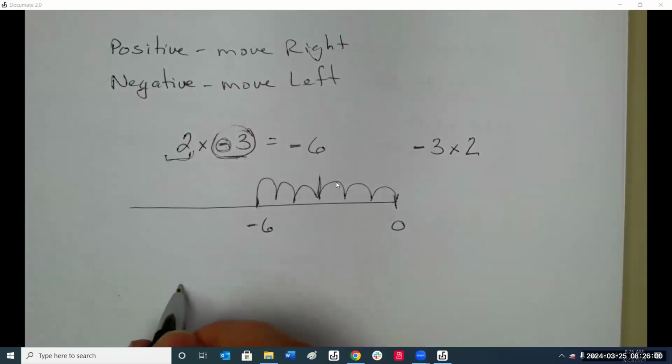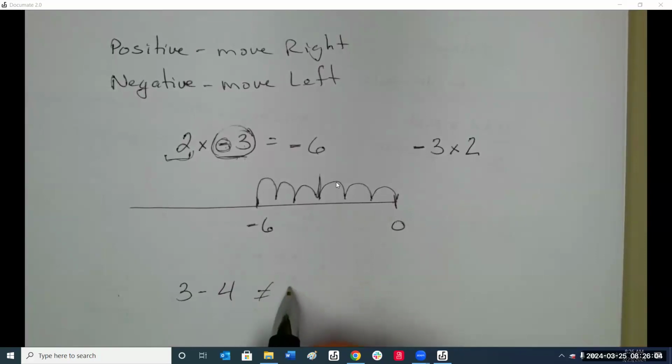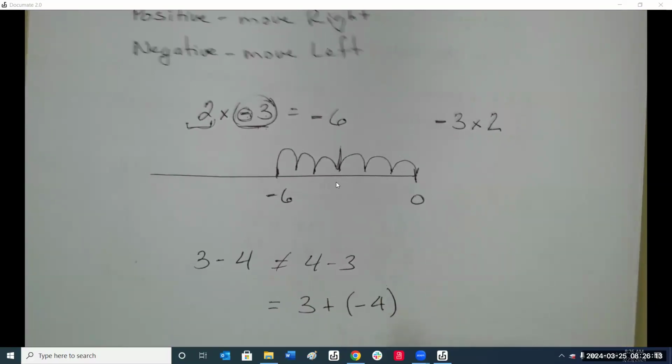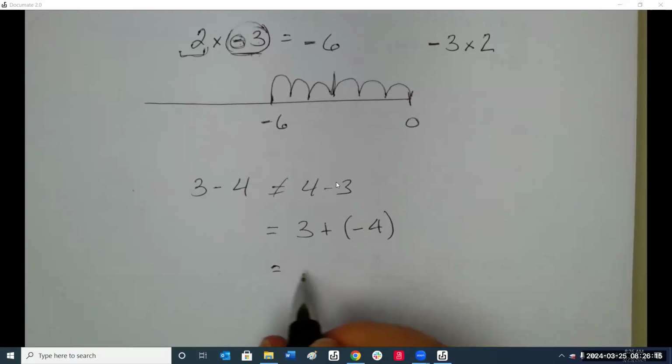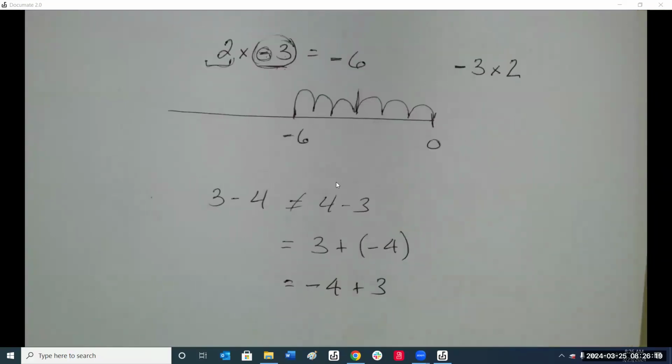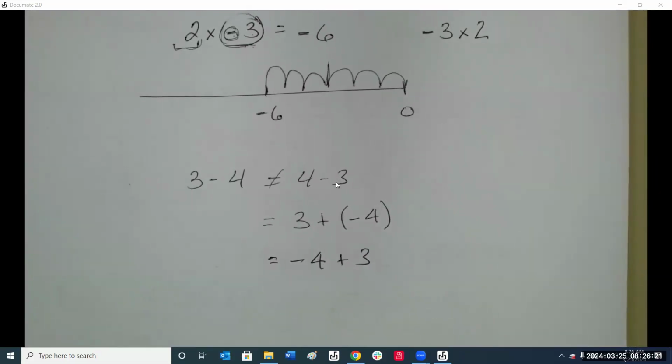Because remember, 3 minus 4 is not the same as 4 minus 3. It's the same as 3 plus -4. So that means I can move them around: -4 plus 3. We do the same thing with multiplication.